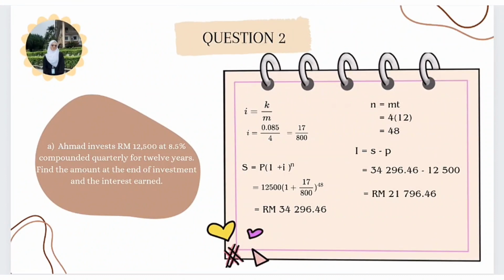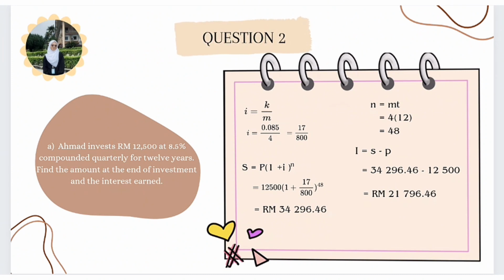For question 2, Ahmad invests RM12,500 at 8.5% compounded quarterly for 12 years. Find the amount at the end of investment and the interest earned. So first, we need to find i and n.